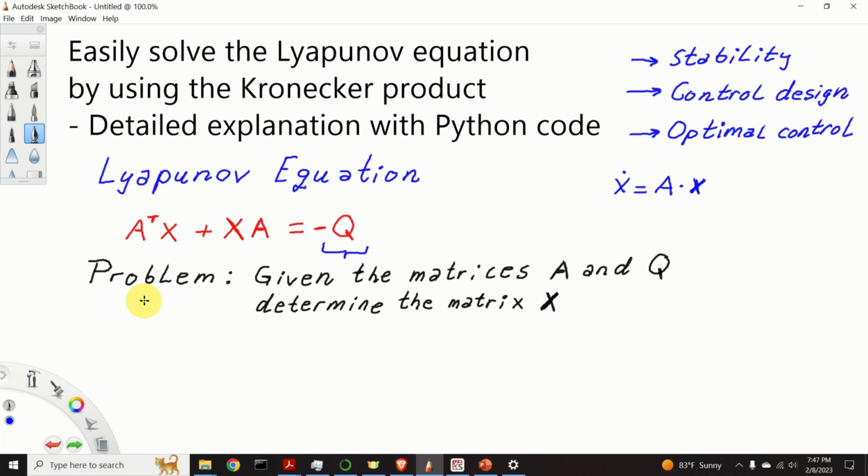Instead of using this tedious approach, in this video tutorial I will explain a very elegant approach for solving the Lyapunov equation.